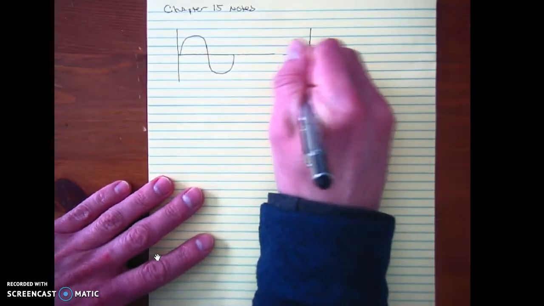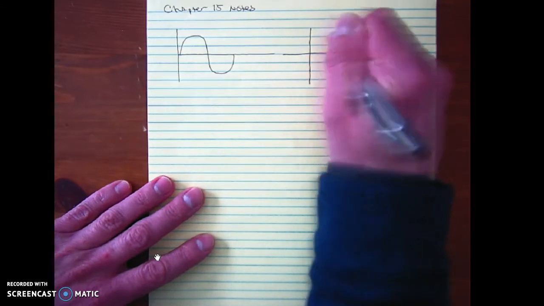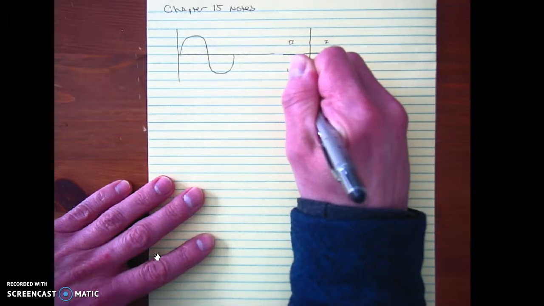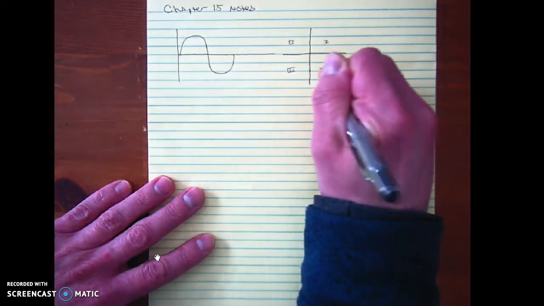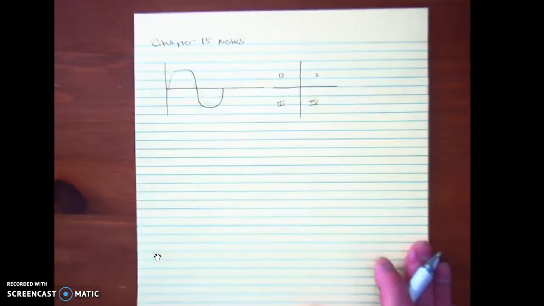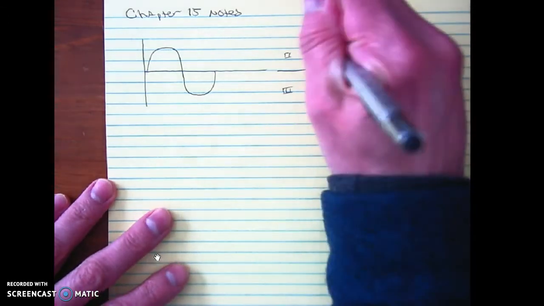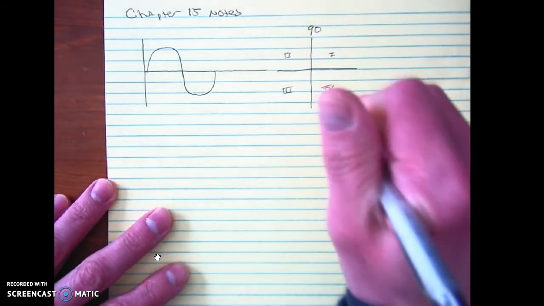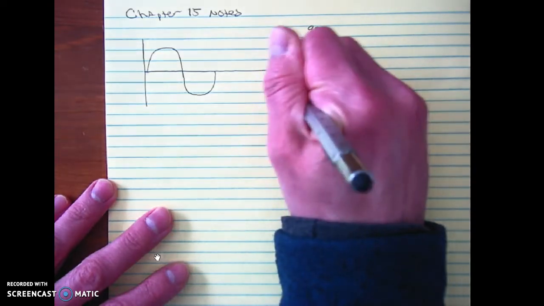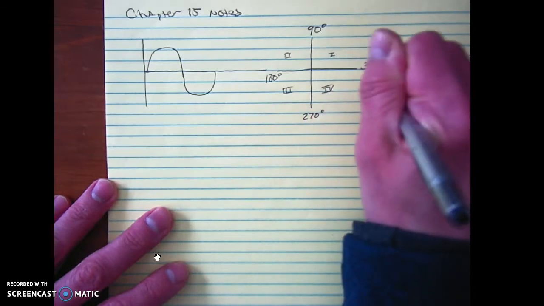Here's quadrant 1, quadrant 2, 3, and 4. So we know that this is 90, this is 180. These are degrees. This is 270 and 360 degrees.